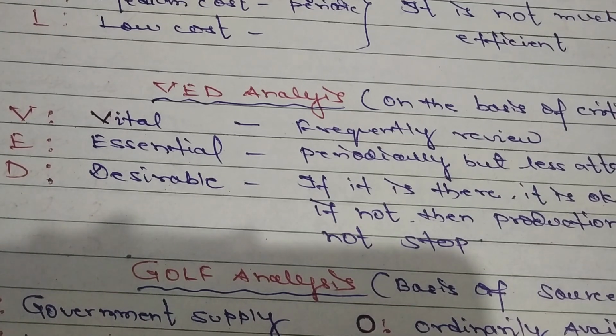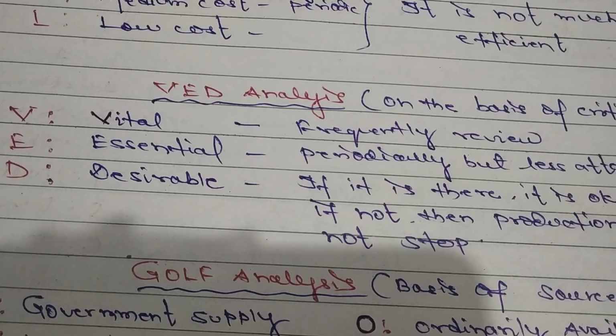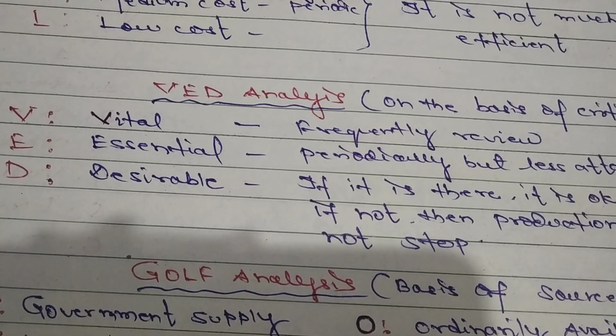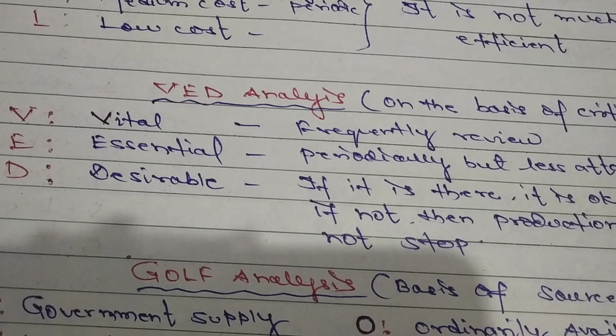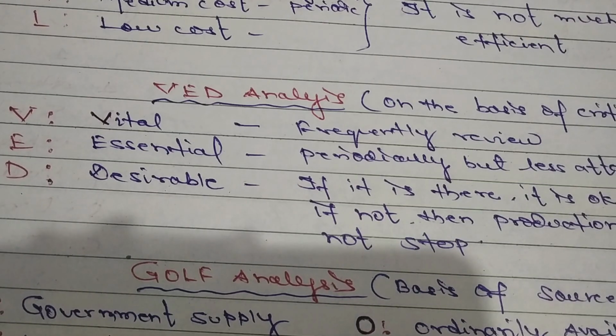If the raw material or components come under the vital category, it means that if this kind of raw material is not available, then the production immediately stops, and there is no substitute for these particular components or spare parts. So you have to take care, because sometimes there are items which cannot be repaired.